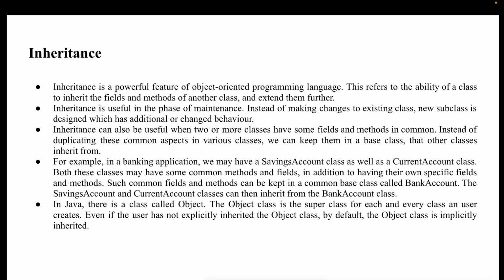Sometimes you know that the bank account has the deposit and withdraw methods, and the savings bank account and current bank account are using them as well. But you might want to add some customization to your deposit method. You can do that as well.